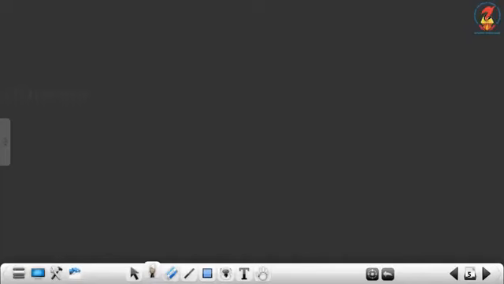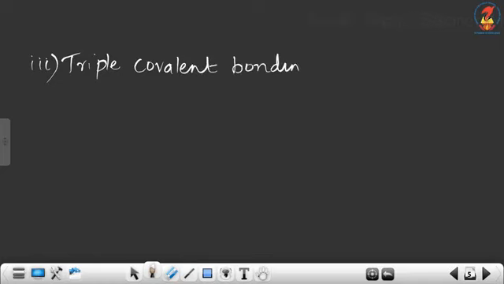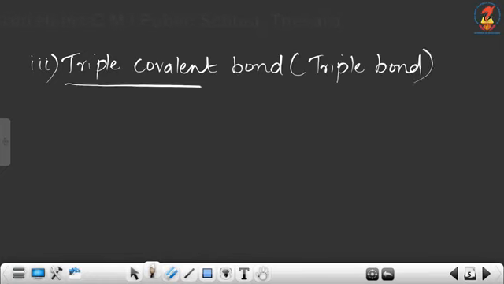Now the third one is triple covalent bond or triple bond.